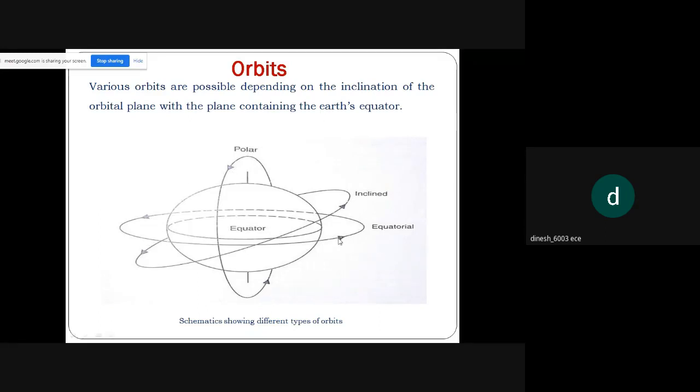Whereas when a satellite is placed in an orbit moving from east to west, along the equator, which tracks the equator, it is called an equatorial orbit.